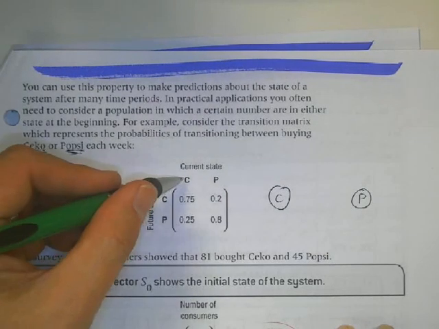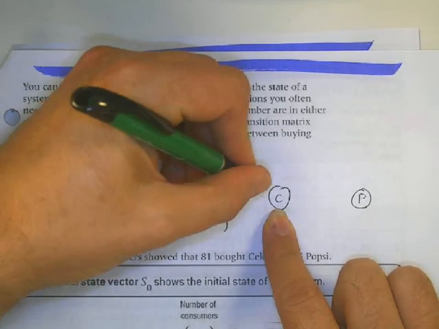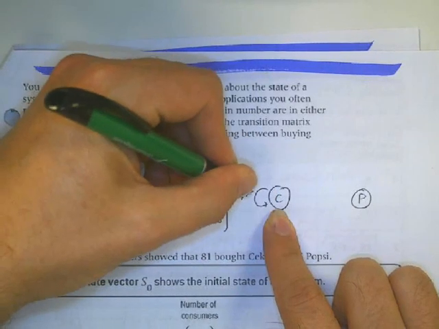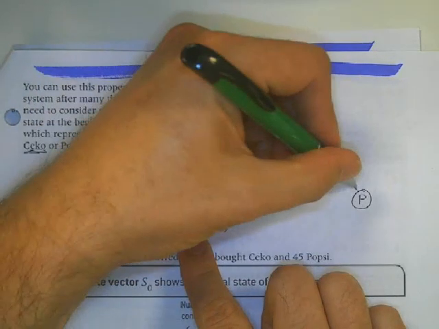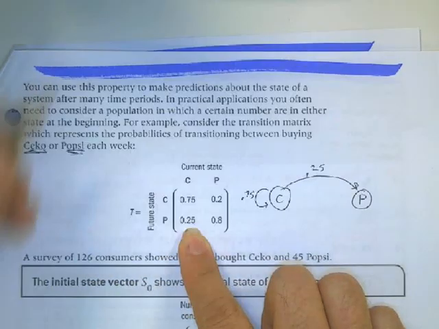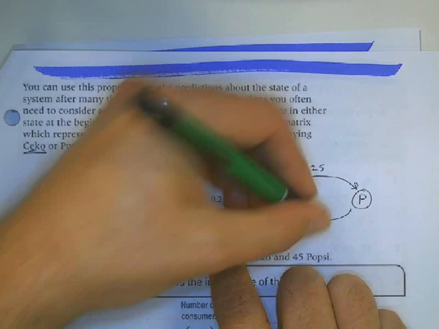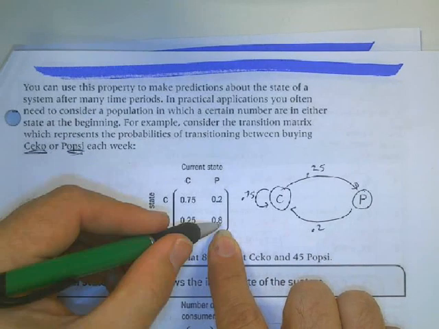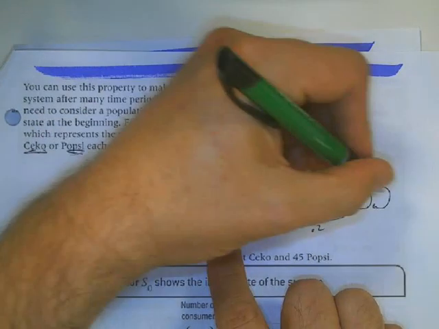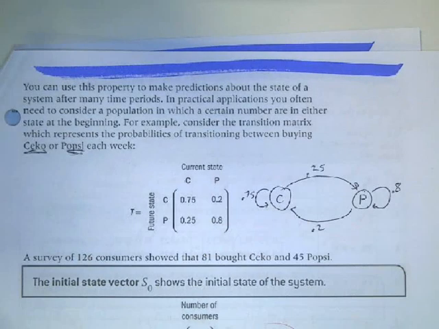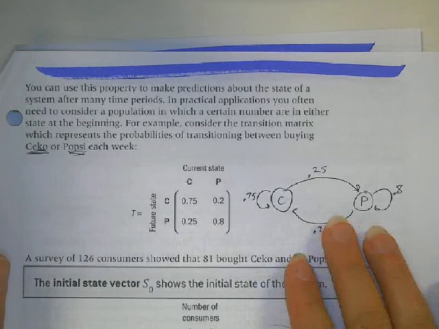If I start off at Coca-Cola and the future state is still Coca-Cola, that's 0.75. If I start off at Coca-Cola but then start to like Pepsi, that's 0.25. If I start off with Pepsi and then switch to Coca-Cola, that's 0.2. And if I start off with Pepsi and stay with Pepsi, that's 0.8. I hope people are good with making transition diagrams and switching back and forth between the diagrams and the matrix.